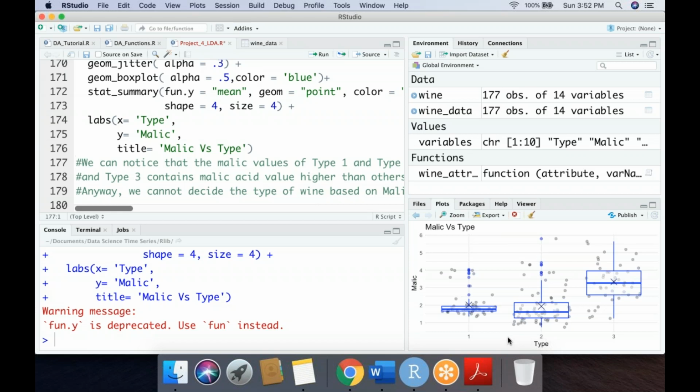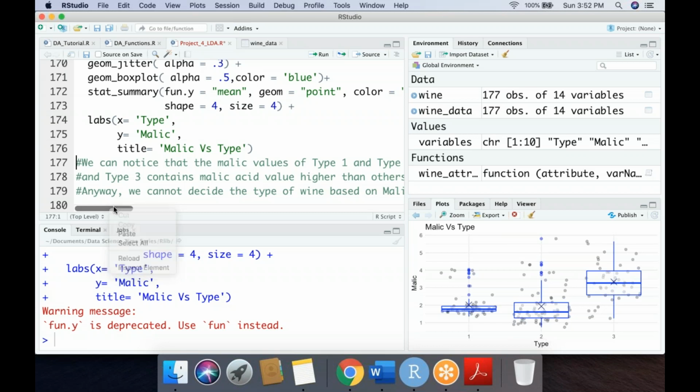So what we can understand is Malic is not going to be a very clear-cut predictor of type. If you are only using Malic in our model building, it will not be able to give a clear-cut prediction of the classes, except for type 3, where it will give a partial finding.